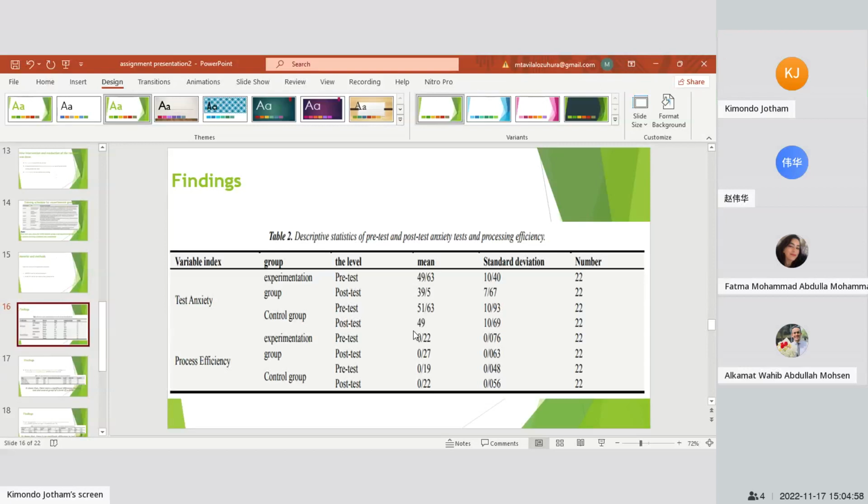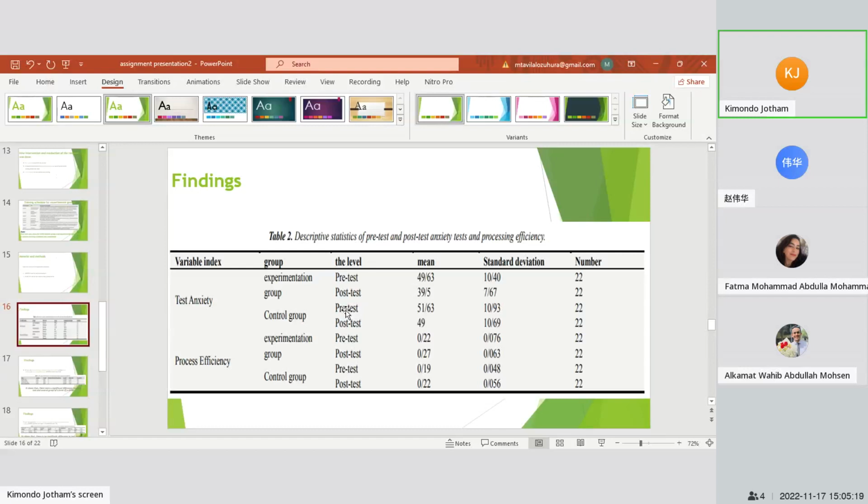So these were the findings after the experiment. As you can see, there is test anxiety and processing efficiency. Remember, they were testing the anxiety and the processing efficiency.